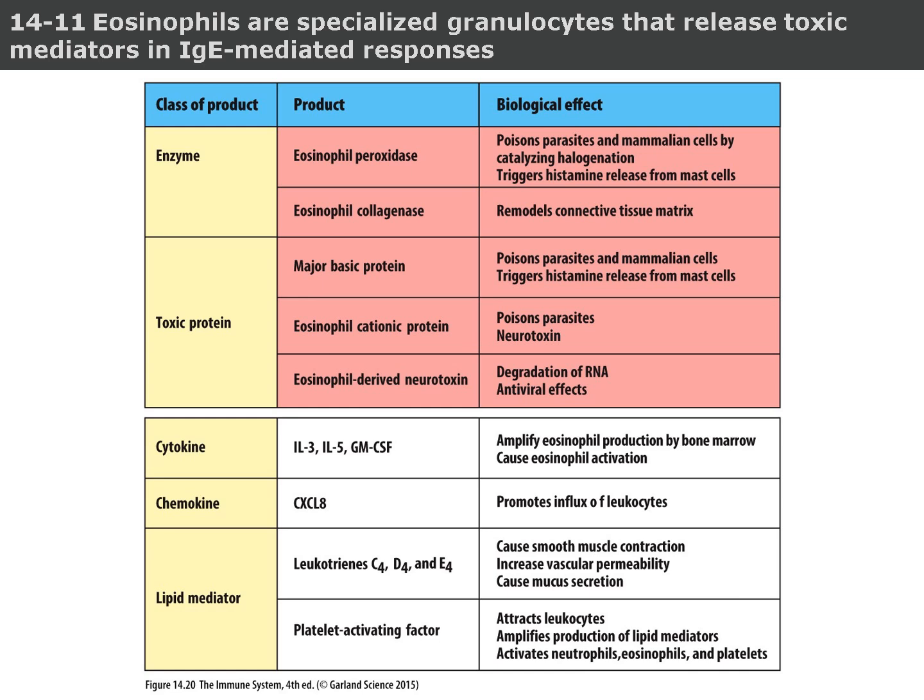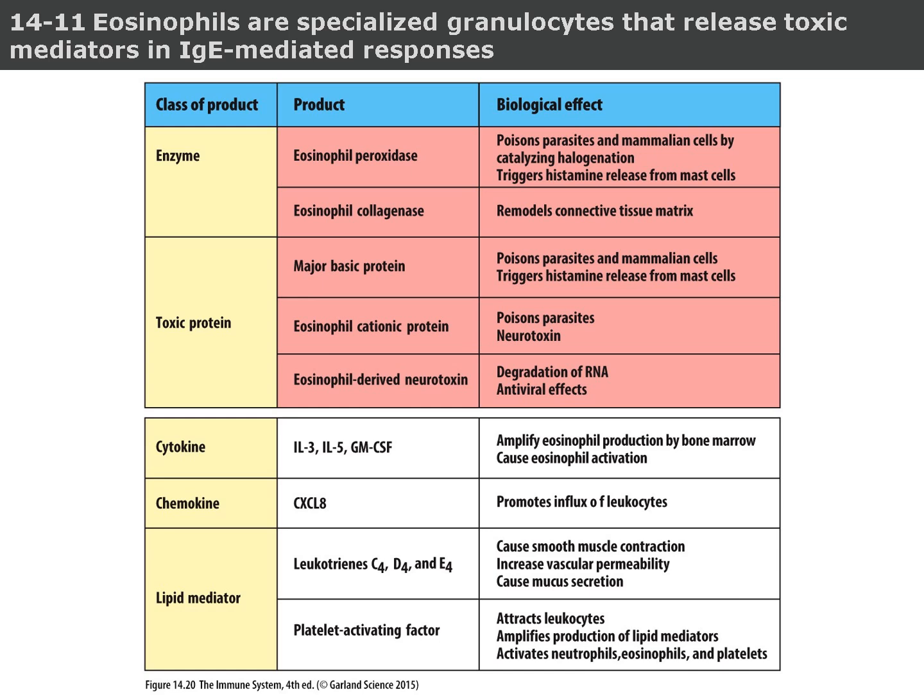Their enzymes, including eosinophil peroxidase and eosinophil collagenase, help poison parasites and remodel connective tissue. Toxic proteins such as major basic protein, eosinophil cationic protein, and eosinophil-derived neurotoxin target parasites and mammalian cells, trigger histamine release, and degrade RNA.